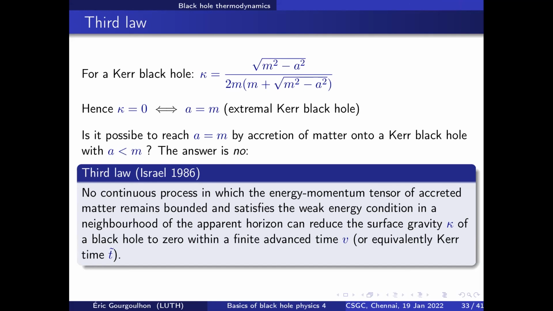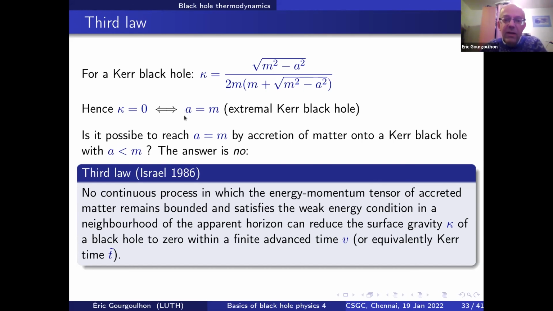This is a reasonable question because a priori you may say, oh yes, if I accrete matter, I will change both A and M. So maybe I can change A and M of the black hole in such a way that at the end of the process, I have A equal to M. A priori, this seems a reasonable question, and the answer is no. You cannot do this. So this is reminiscent of the third law of ordinary thermodynamics.